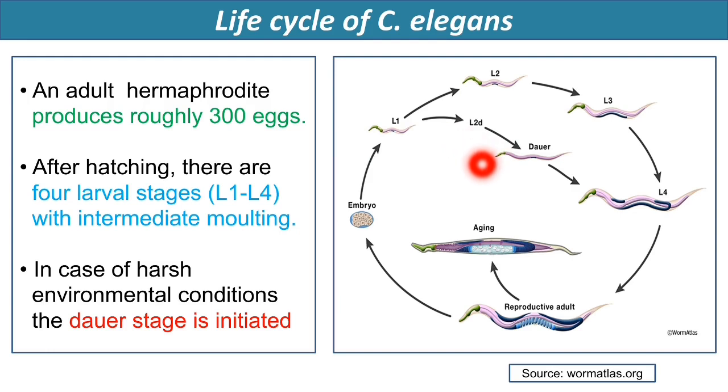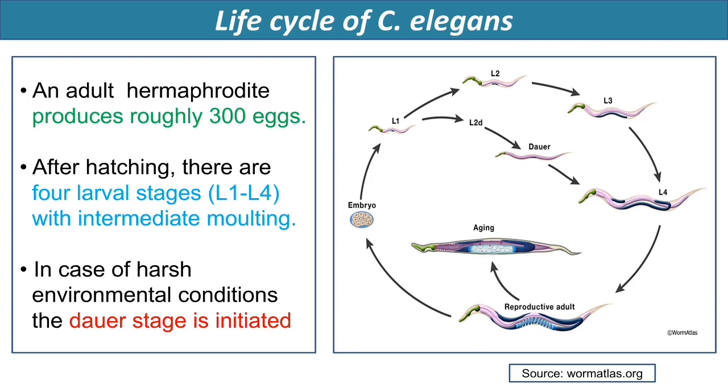These dauer larvae are adapted for long-term survival and dispersal to new environments. Once in a more favorable environment, these larvae re-enter reproductive development by molting into the L4 larval stage and progressing through the rest of the life cycle normally.